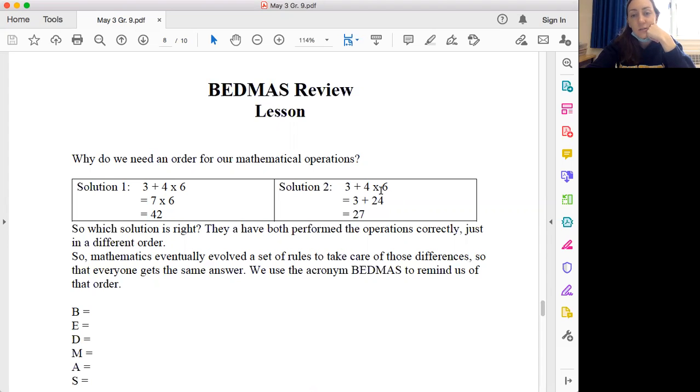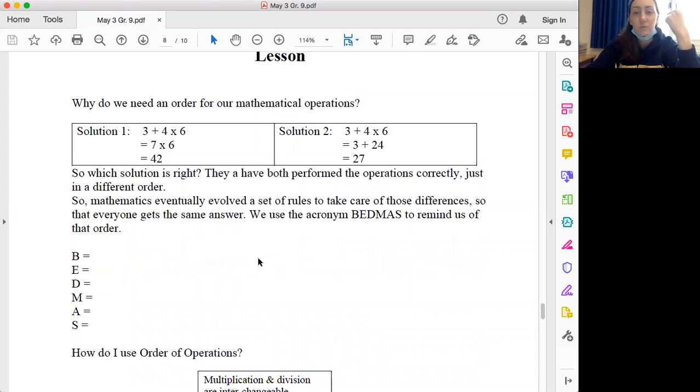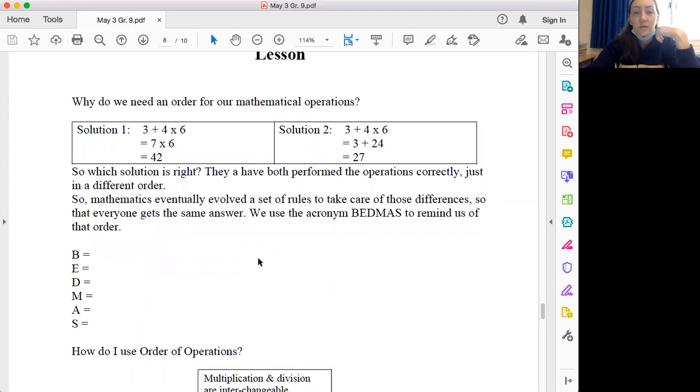Whereas in solution 2, they do the multiplication first, so the 4 times 6, which gives you 24, and then do the addition, which gives you 27. So if we look at the two solutions, it's asking which one is right. They both performed the operations correctly, it's just not in the right order for one of them.